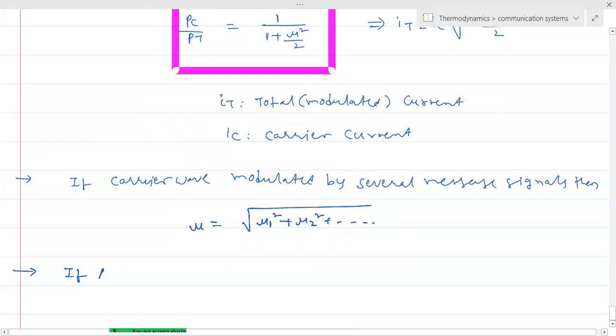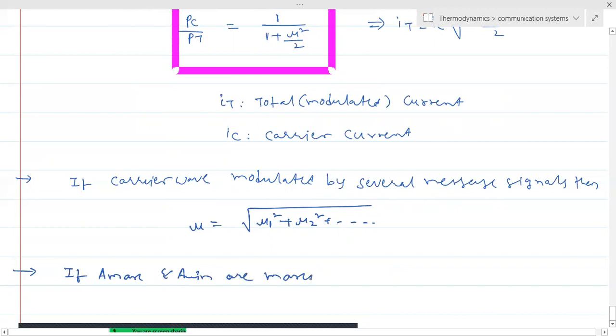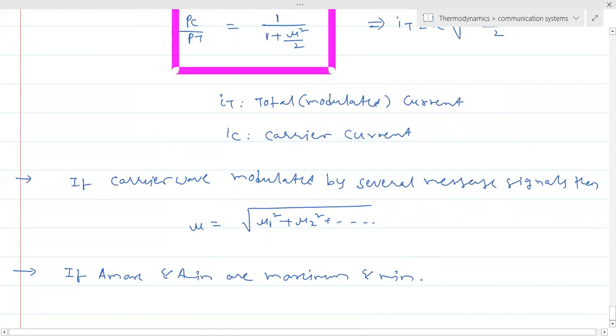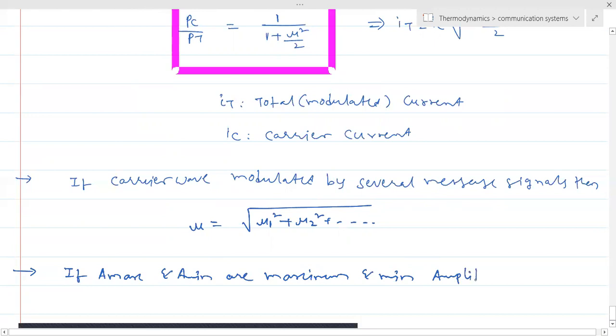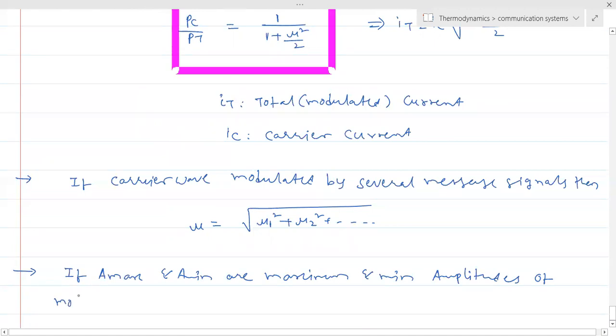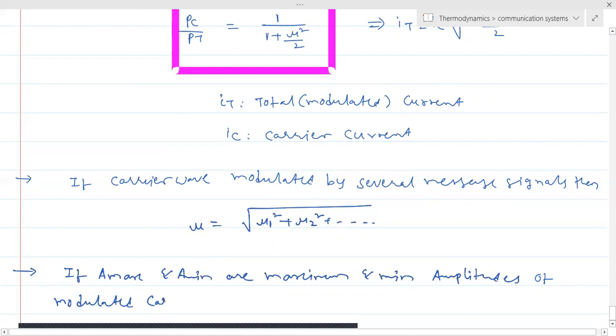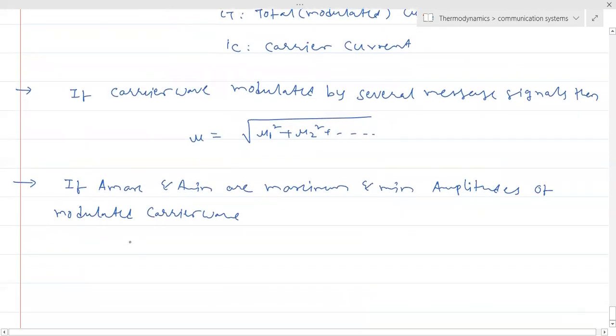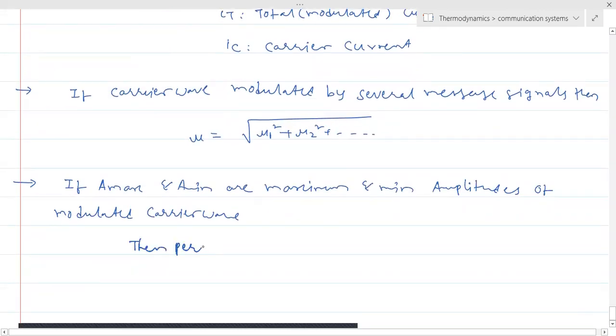And this one is very important. If A_max and A_min are the maximum and minimum amplitudes of the modulated carrier wave, that is output, then we are saying percentage of modulation.